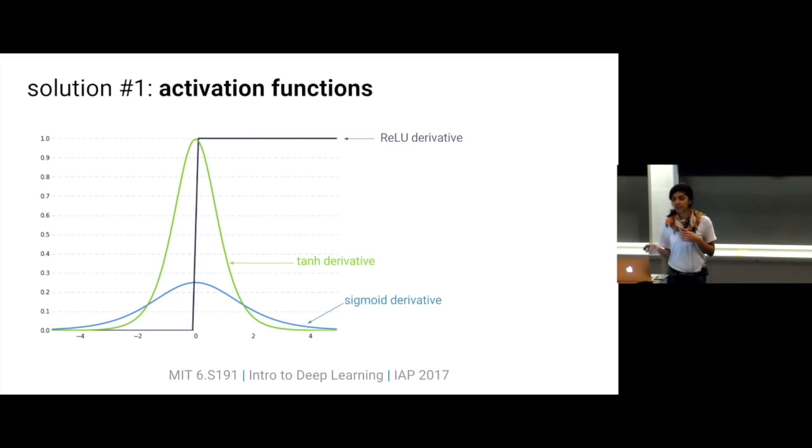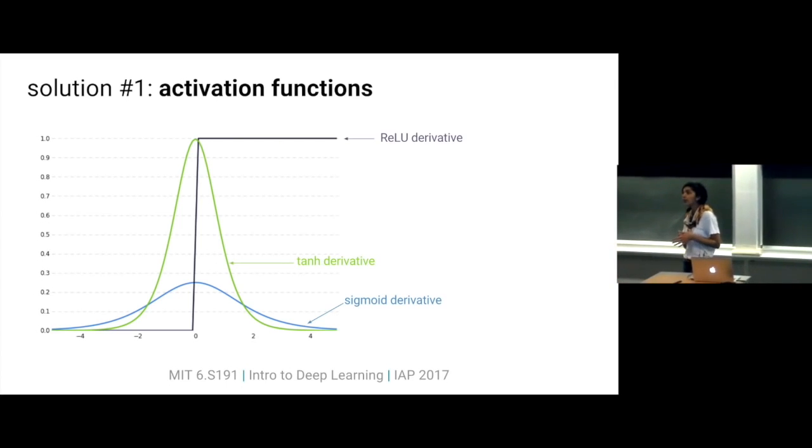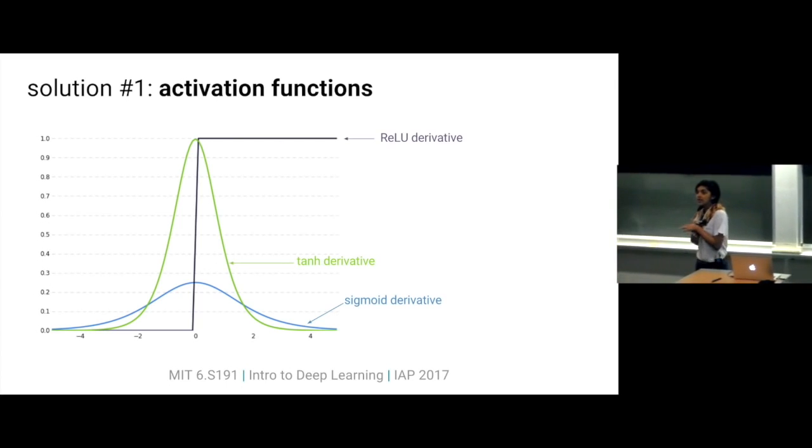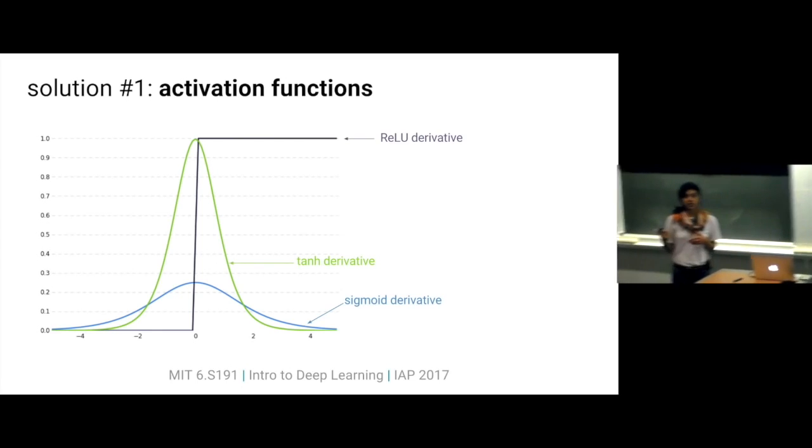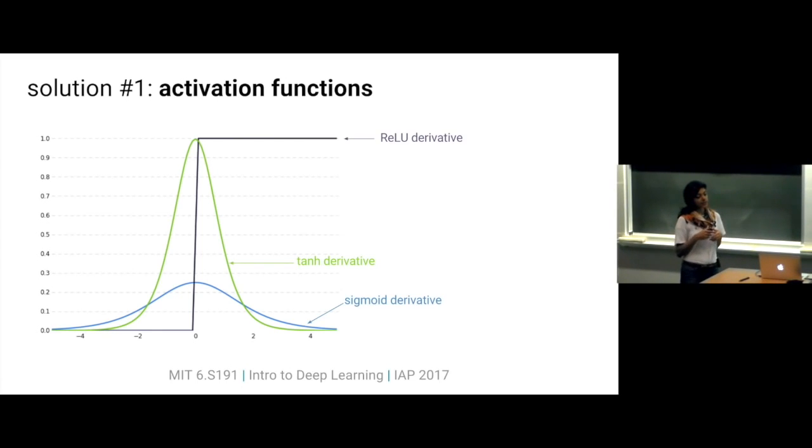OK, so now I just want to go over some solutions to the vanishing gradient problem that are used in practice and which are pretty important to actually getting recurrent neural networks to work successfully. So the first thing is the activation function that you choose to use. And this is the nonlinearity that you choose to use. So Nick introduced a couple different nonlinearities, but notice that these are the derivatives of some very common ones.